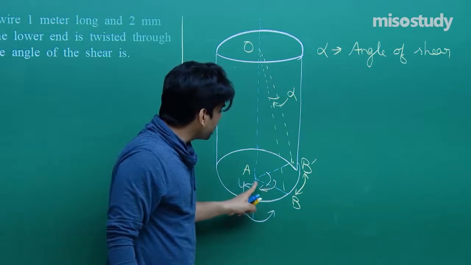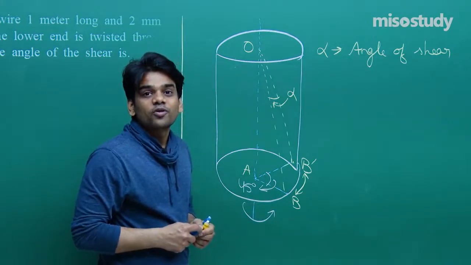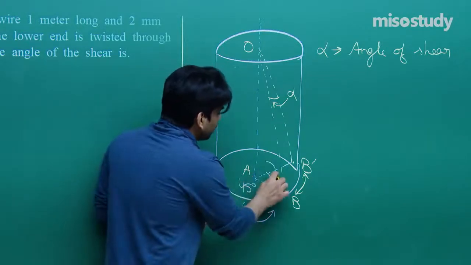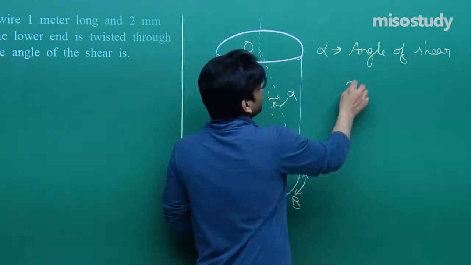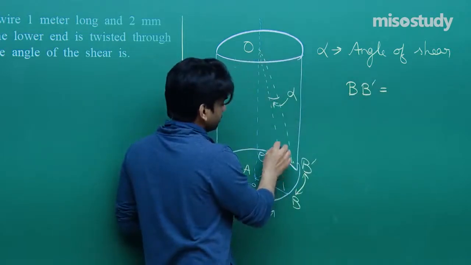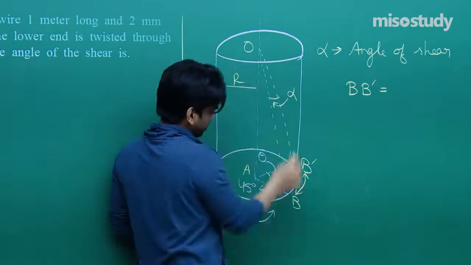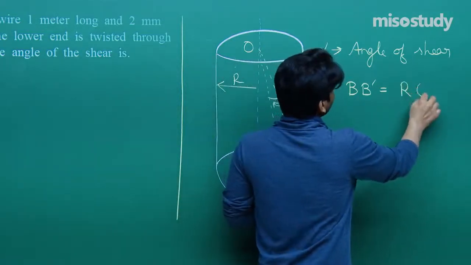The angle is given in degrees, but we can express it in radians, and I will express it using theta. So we can write BB dash is equal to, if the radius is R, R into theta.